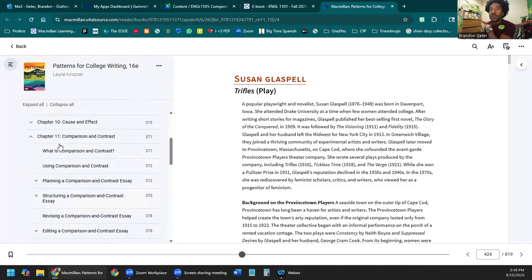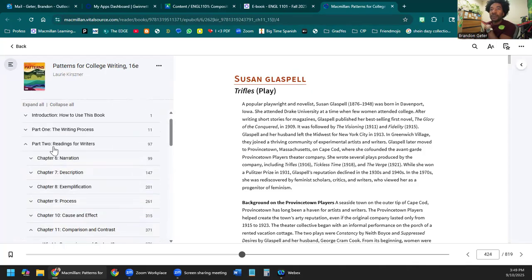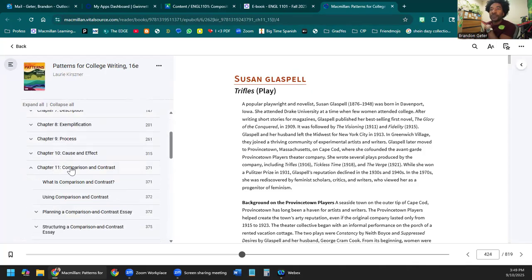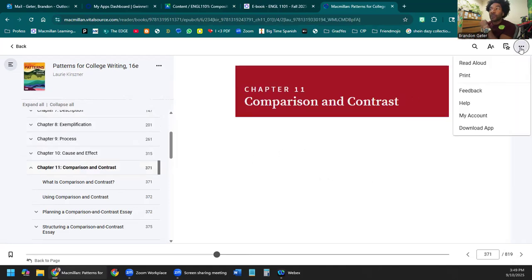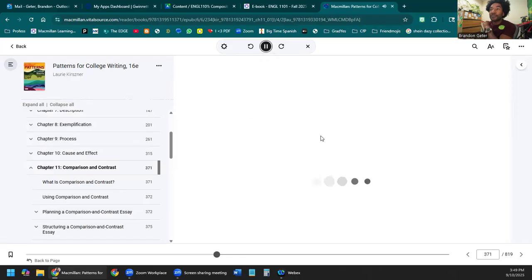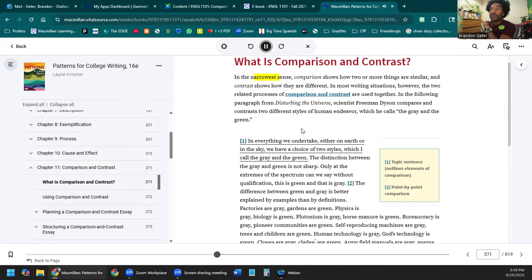It just seems more stable. You'll go to chapter 11, which is in part 2. And from here, you can just hit read aloud. Chapter 11. What is compare and contrast? As long as your hardware doesn't break down on you, it'll read to you.